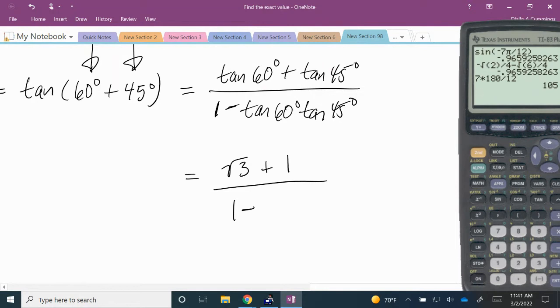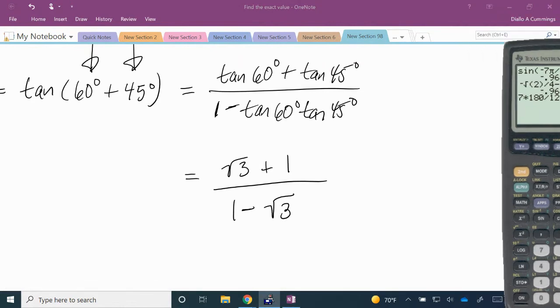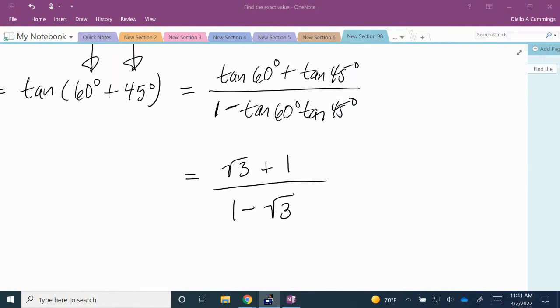The tangent for 60 degrees is square root of 3. The tangent for 45 degrees is 1. If we were to multiply those two, we would have the square root of 3. All right, so just remember that we must rationalize the denominator.